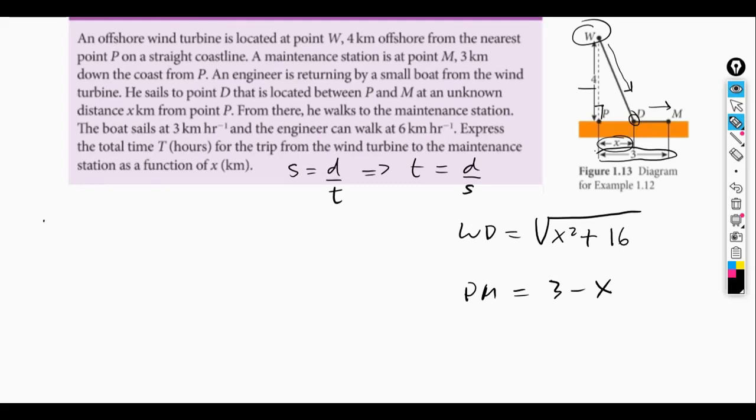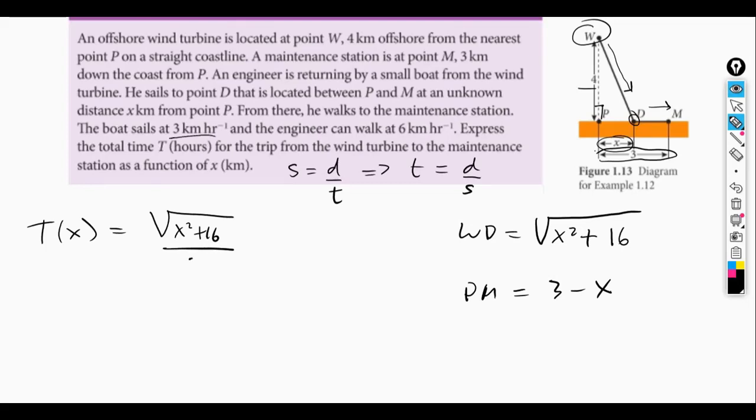So we would say T, time, in terms of x, is equal to distance over speed. For WD, the time would be the distance divided by the speed. So it would be the square root of x squared plus 16 divided by the speed, and the speed of the boat was 3 kilometers per hour.